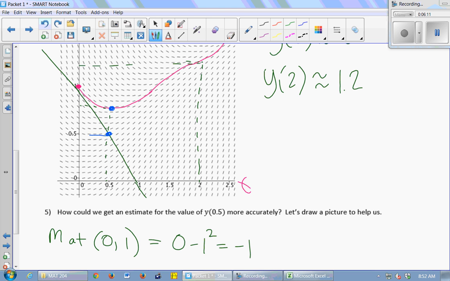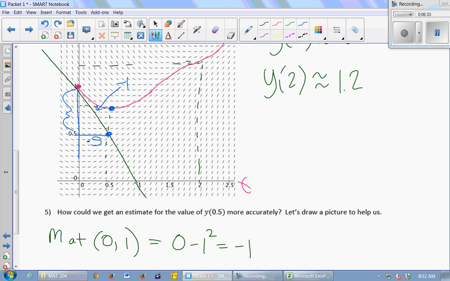Okay, so if I drew a little triangle there, then I know the slope of this line is -1, right? And I know that my change in x is 0.5. Could I solve for that change in y?